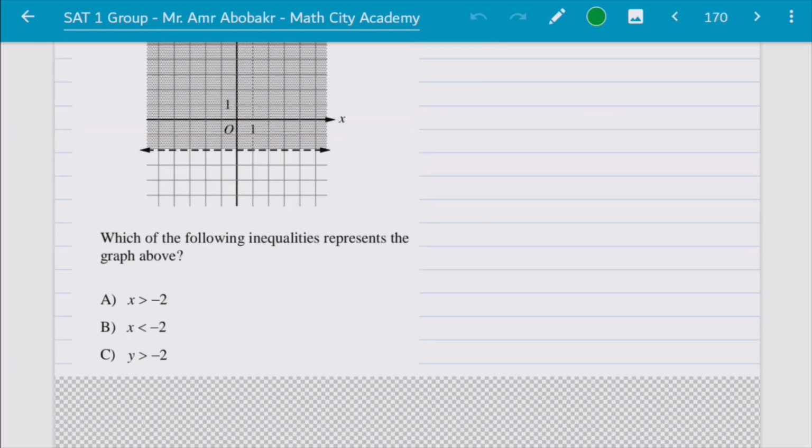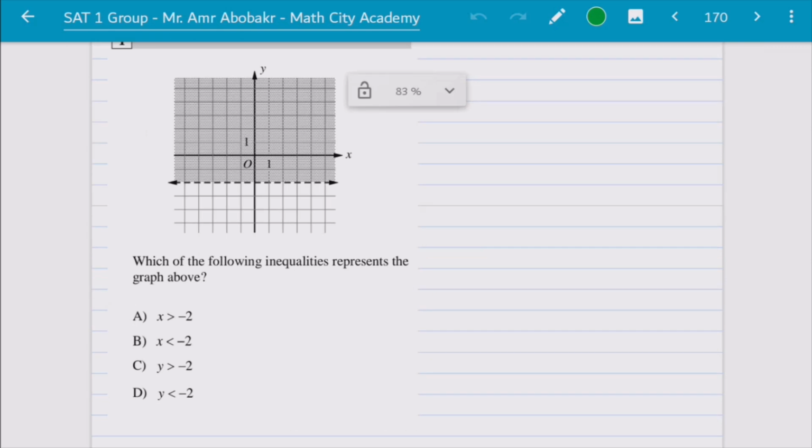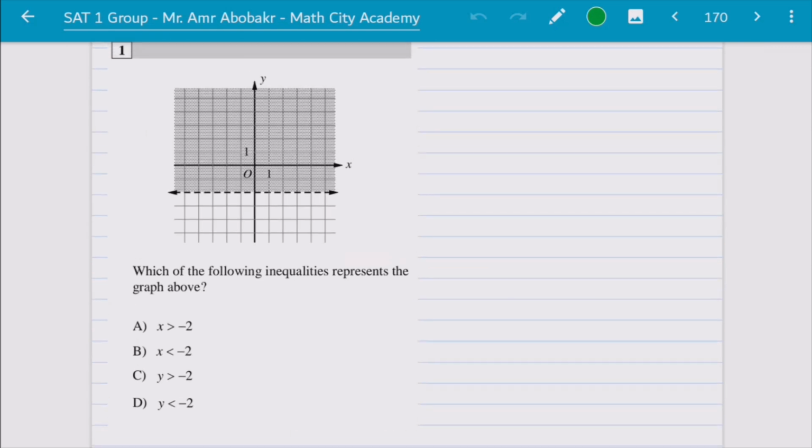Now, how can we solve this exercise? Example number 1. Which of the following inequalities represents the graph above? We have here a dashed line, so there is no equal. So there is no greater than or equal or smaller than or equal.